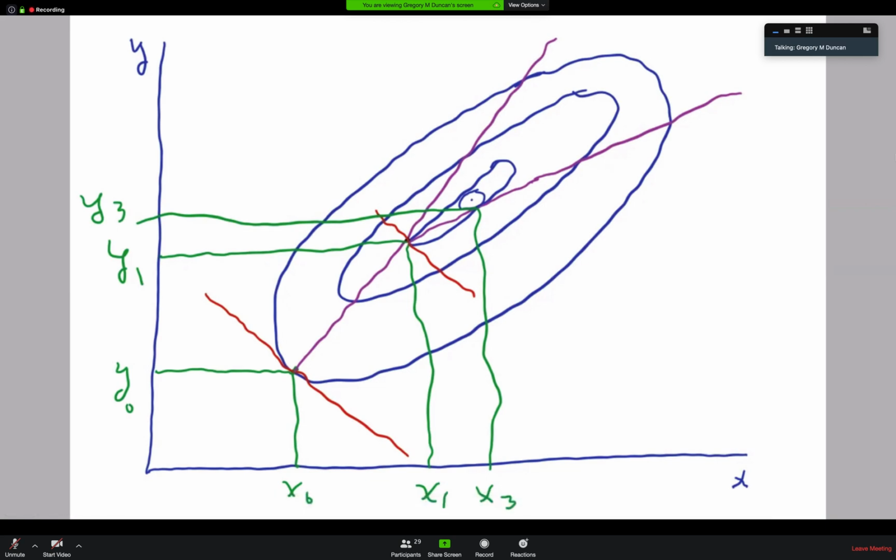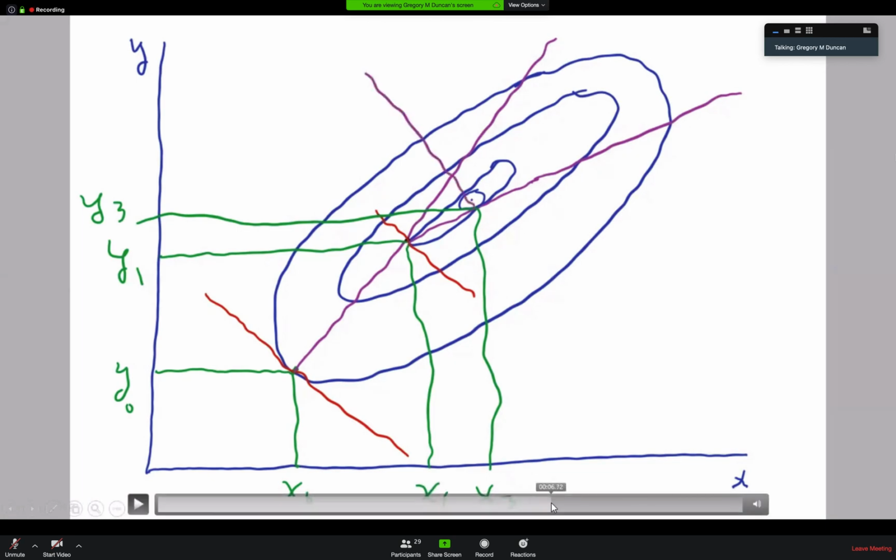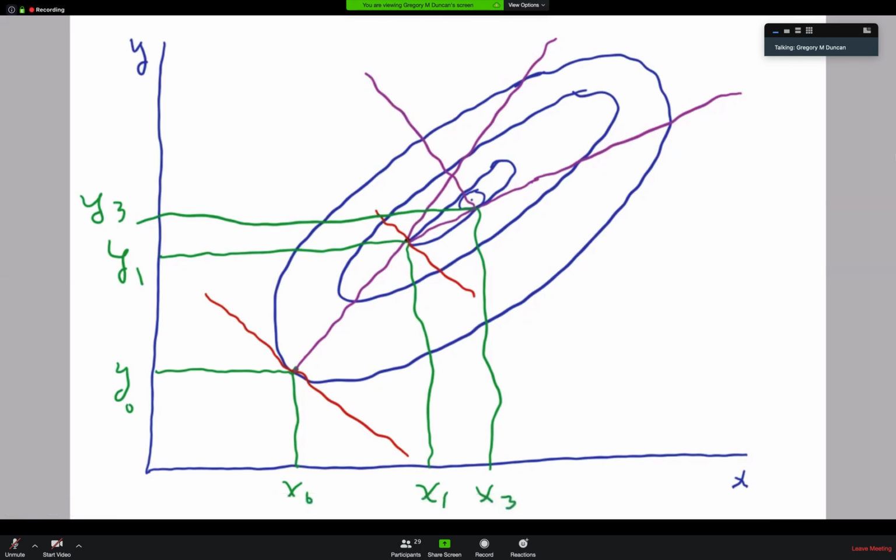And then I take another gradient, and I'm not even going to put the tangent line in there, but you can see what I'm doing.